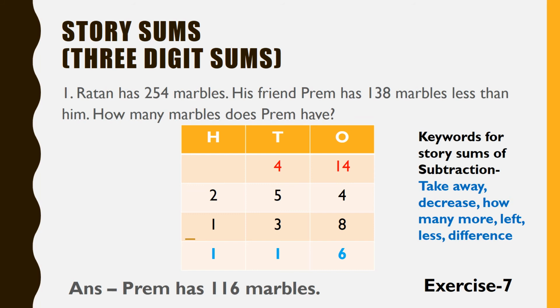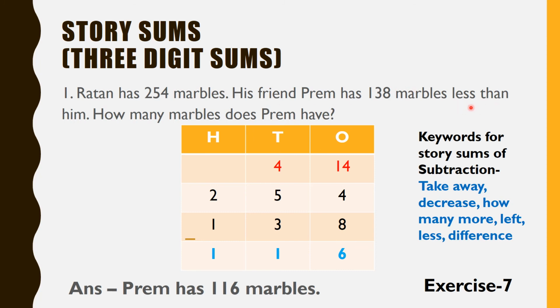Okay, so in this example, as I told you before, first you have to read the sum loudly. Okay, then understand the sum properly and finally look for the keywords in the story sum. So here in this example, the keyword is less.